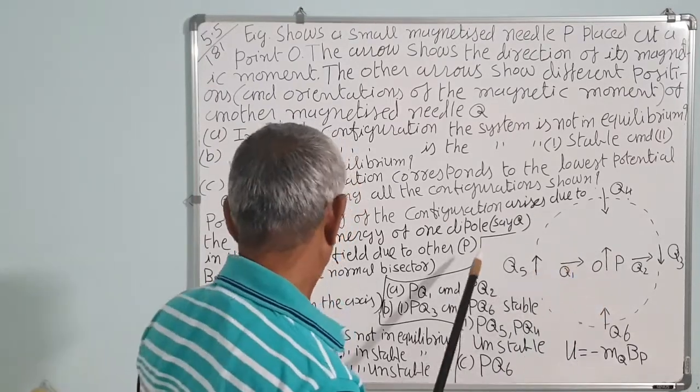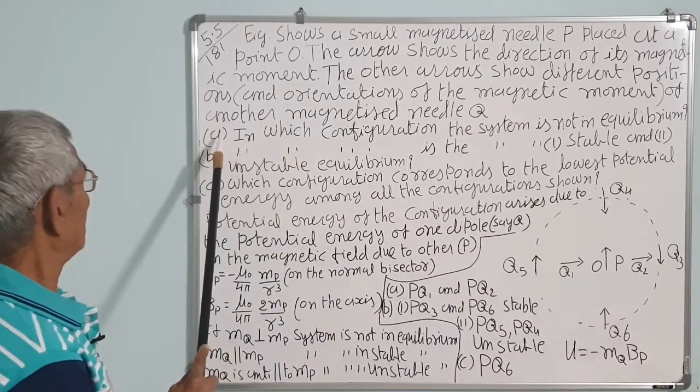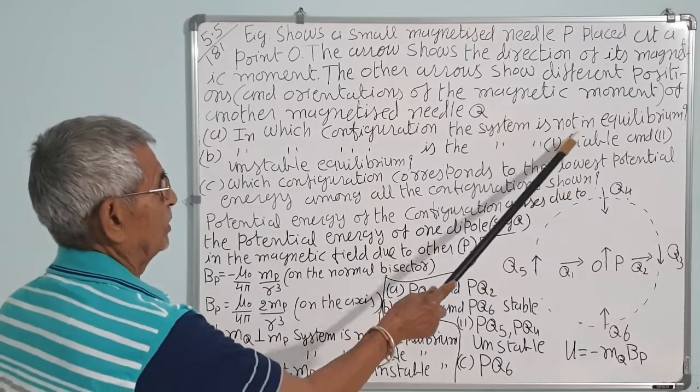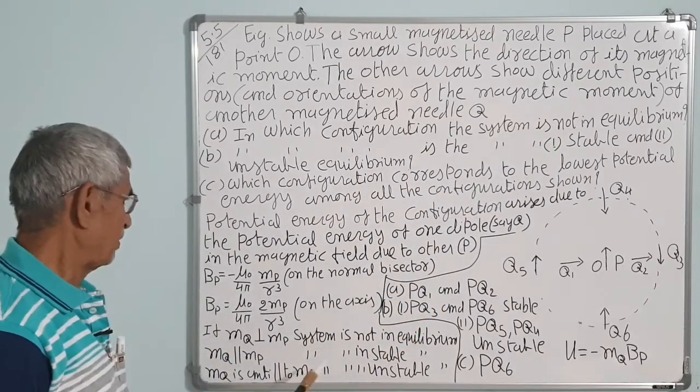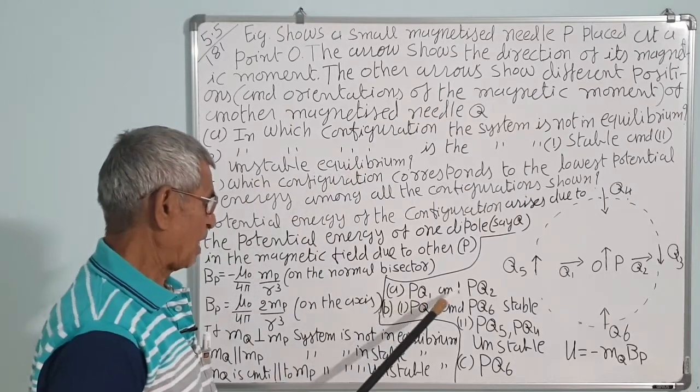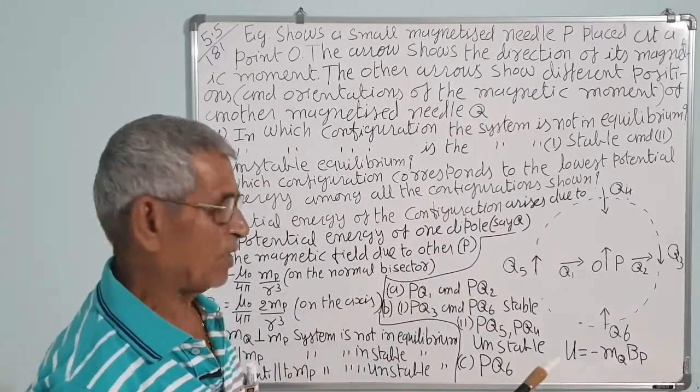Now, number 1 question: in which configuration is the system not in equilibrium? The system will not be in equilibrium when the magnetic dipole moment and the magnetic field are at right angle.